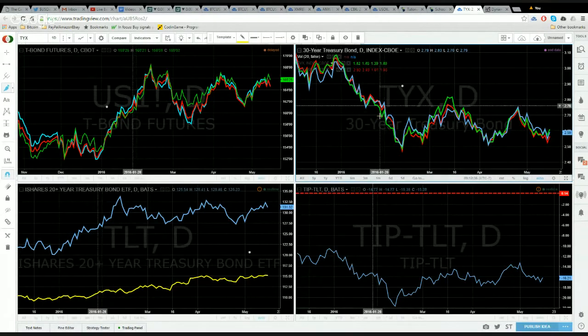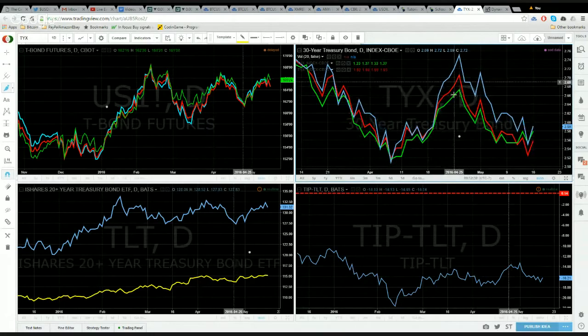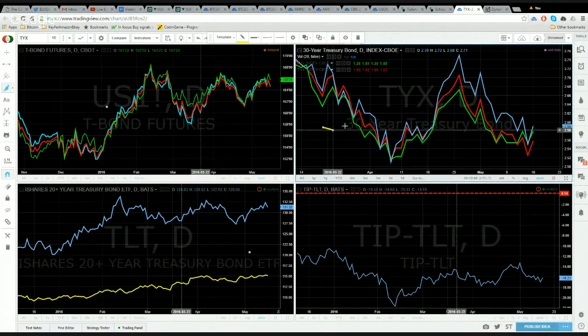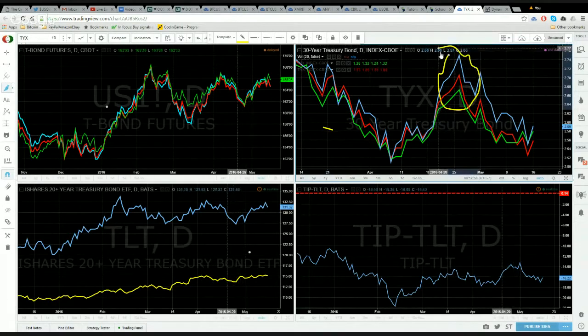So very simply put, let's zoom in here. In this case, 5-year yields were lower than 10-year yields, which were lower than 30-year yields. And while we've got this up here, this particular spot is basically an example where shorter-term yields, shorter duration yields, are lower as we move out through the curve.